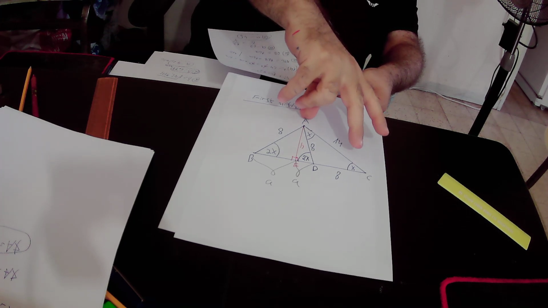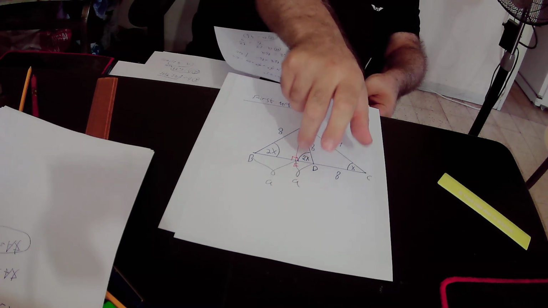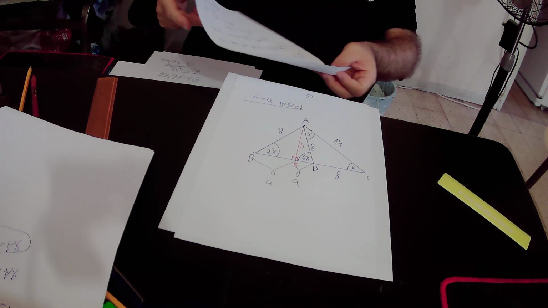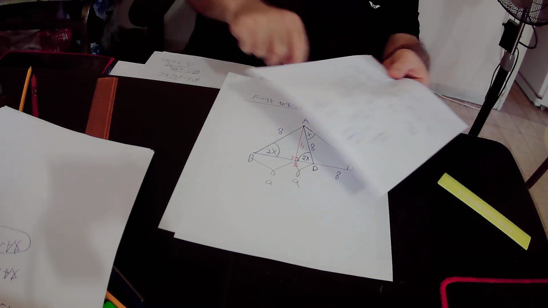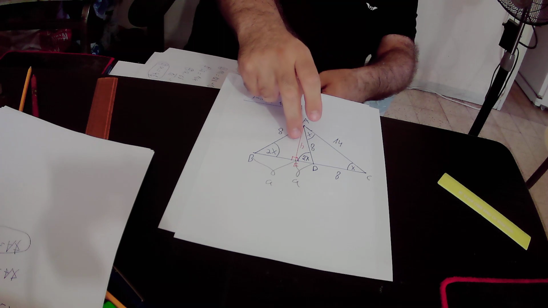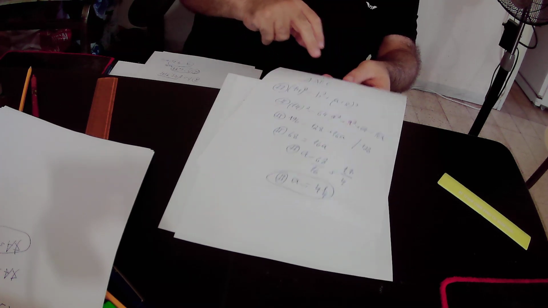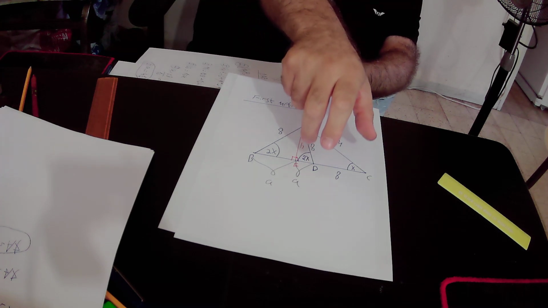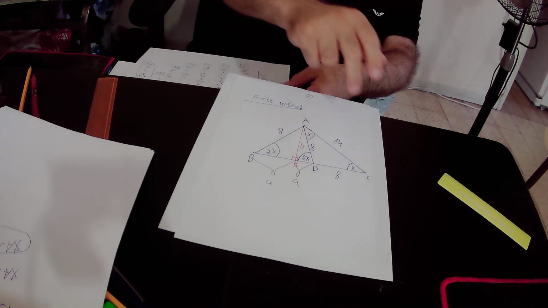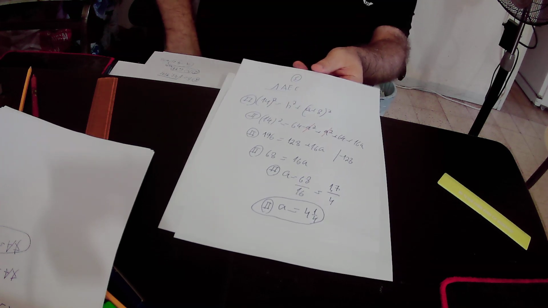That is to say, AC square equals AE square plus EC square, and AC equals 14, so AC square is 14 square. AE equals H, so AE square equals H square, and EC equals A plus 8, so EC square equals A plus 8 square.